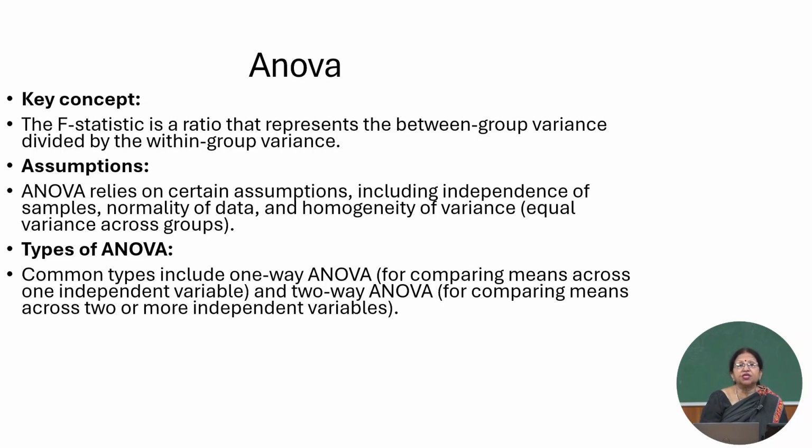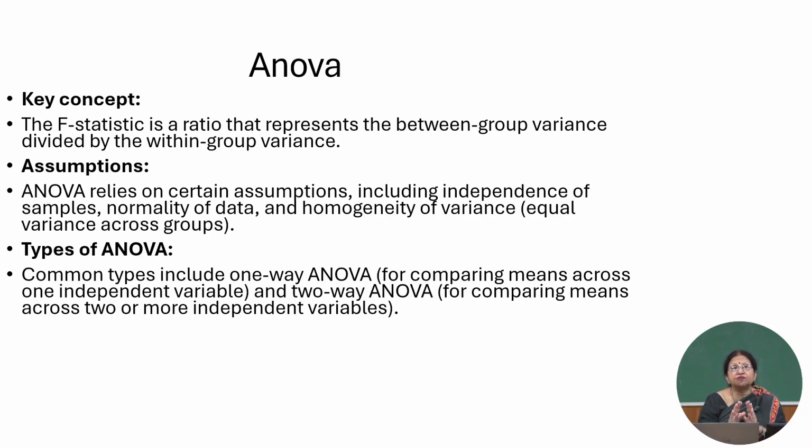The key concept in ANOVA is the F statistic, a ratio that represents the between-group variance divided by within-group variance. ANOVA relies on certain assumptions, including independence of samples, normality of data, and homogeneity of variance, that is, equal variance across groups.